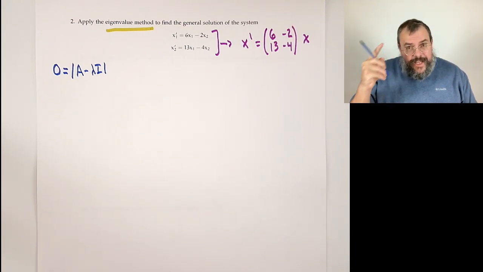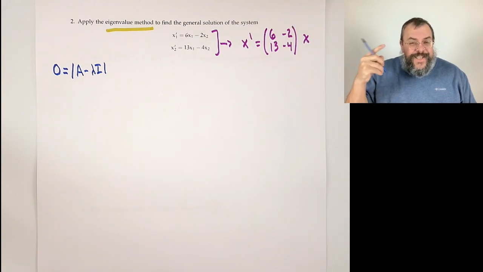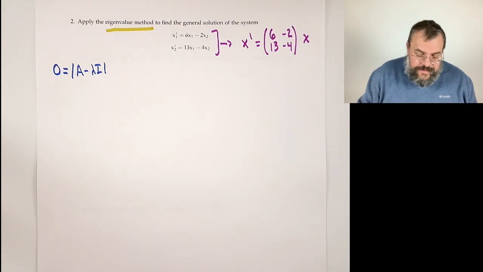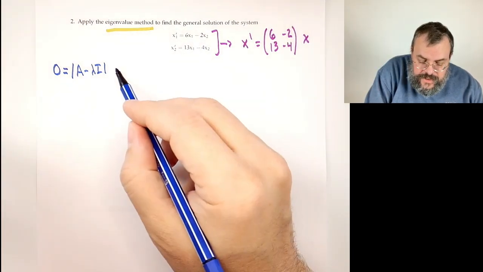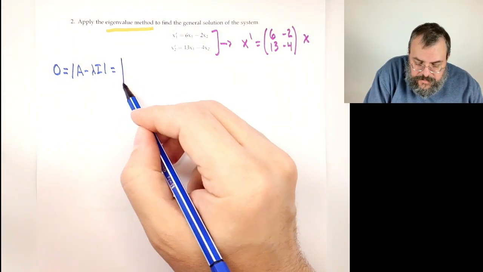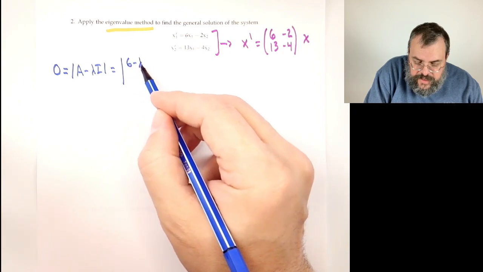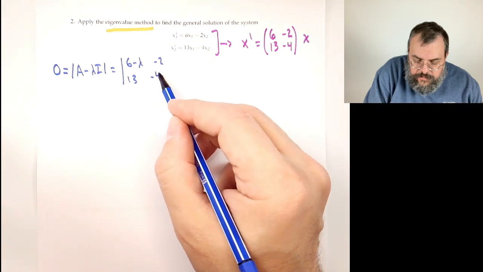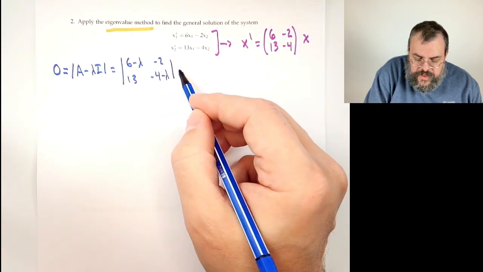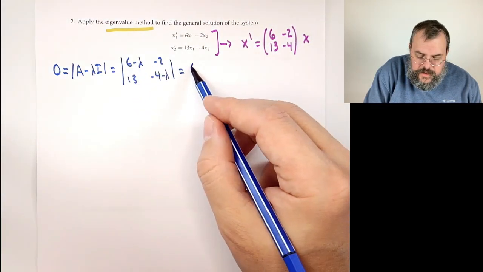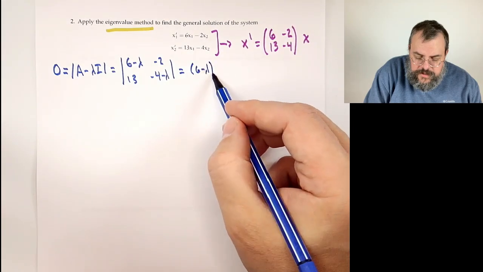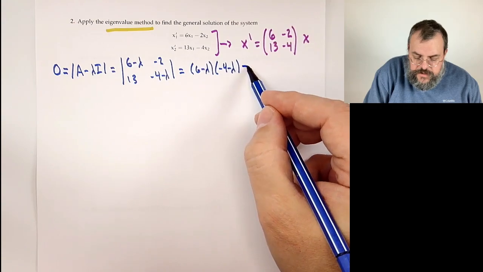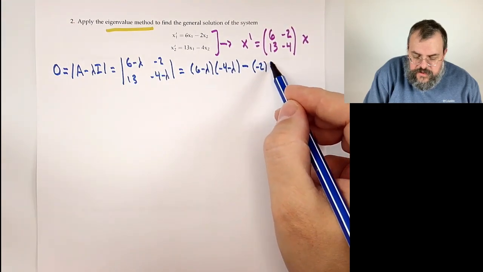That way you only have to think, okay, it's A minus lambda I that I key off of. All right, so 0 equals the determinant of A minus lambda I. That's the determinant of 6 minus lambda, minus 2, 13, minus 4 minus lambda. Okay, so 6 minus lambda times minus 4 minus lambda, subtract negative 2 times 13.